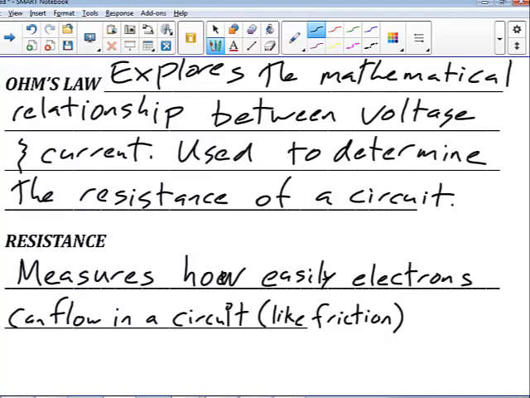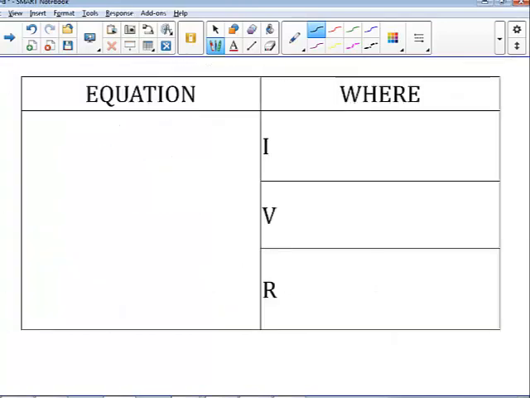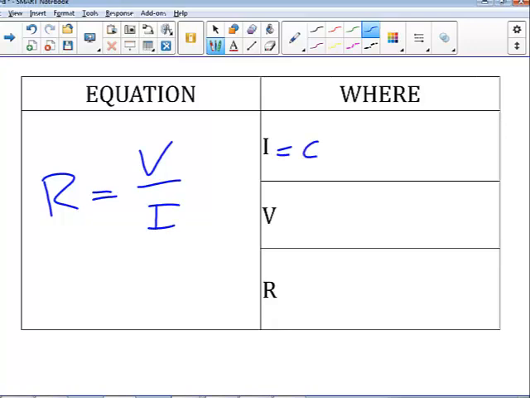So like I've said, this is a mathematical thing. If we look underneath on your page, you'll see this part about equations. Now the equation for Ohm's law is that resistance is equal to voltage divided by current. So the I stands for current, and we measure that in amps.